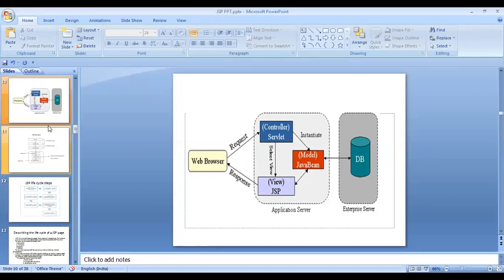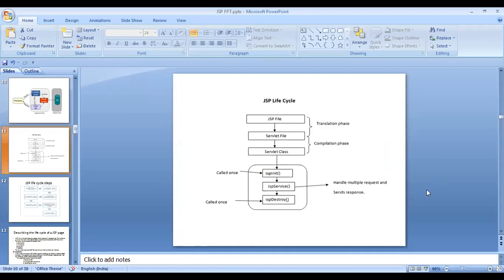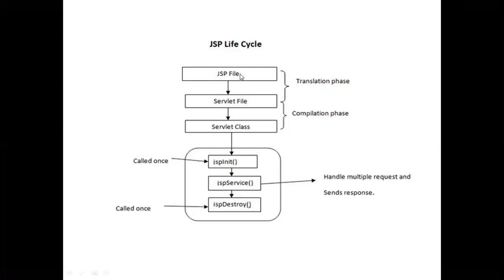Let's see how the life cycle of the JSP works. This is the typical life cycle of the JSP. The first step is the JSP file, which gets translated to the servlet file. From the servlet file, it gets converted to the servlet class. From the servlet class, you will have the life cycle, which is equivalent to the servlet life cycle.